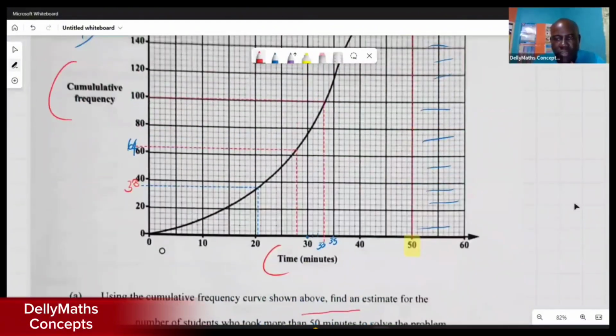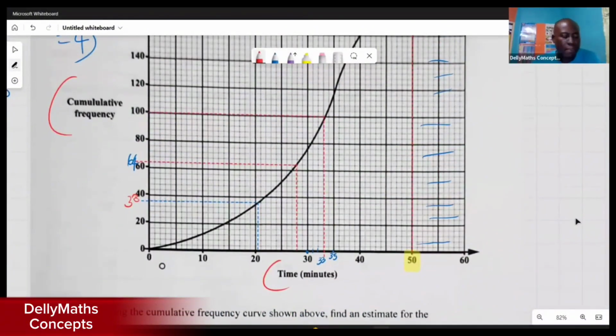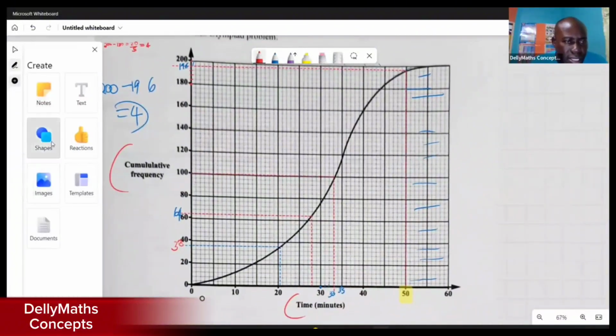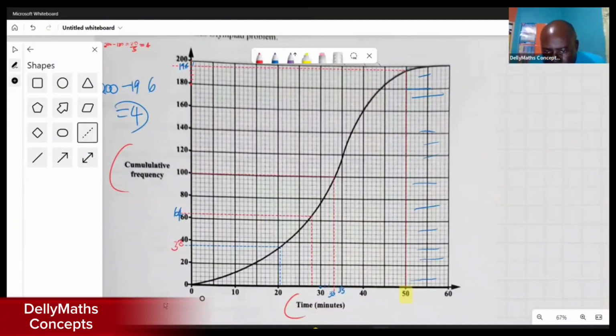Let's go for those numbers. Cumulative frequency at 40.5 and 50.5. All right, let's go. 40.5. Let me pull down the curve. Let's take out our ruler. 40.5 is in the space between 40 and 41.